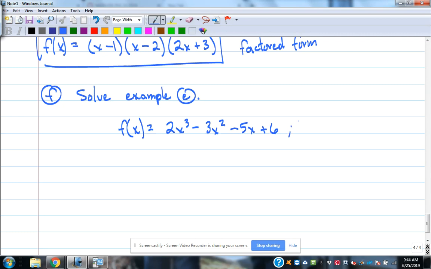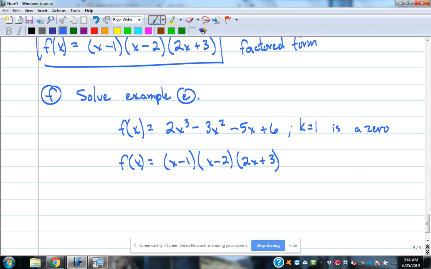And they told us that k equals 1 is a 0. We did all that work and we got it to the factored form of x minus 1, x minus 2, and 2x plus 3. We did all that work through synthetic division from the 0 they gave us to begin with, and then doing the x method for factoring on the quadratic that we had left. So that's kind of the steps we're going to go through here.